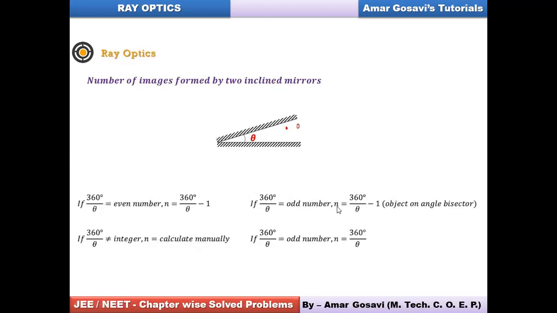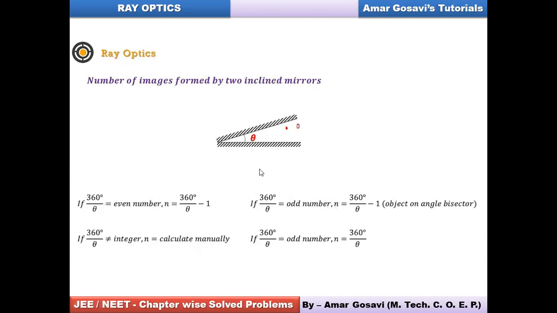If the object is on the angle bisector, remember this, this formula is valid when the object is on the angle bisector. Say for example, if I draw a bisector over here and the object is lying on that bisector, then this formula is applicable even if 360 by theta is an odd number. This is how you would get the number of images.